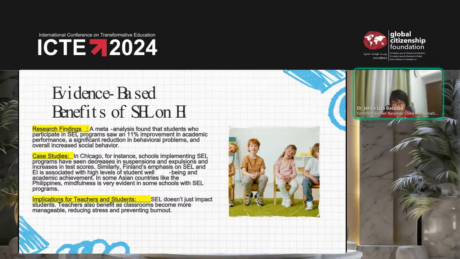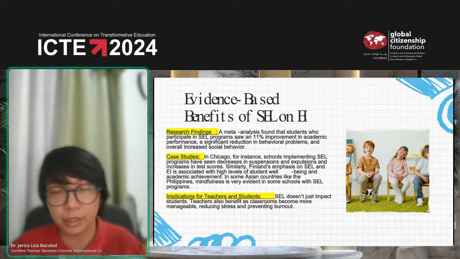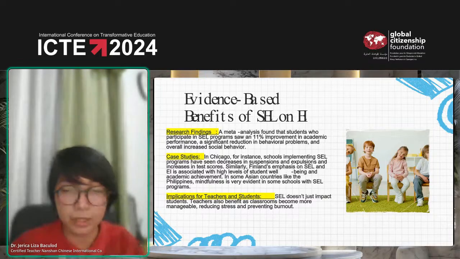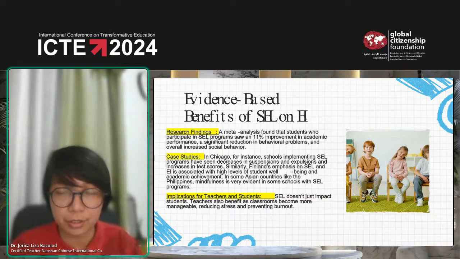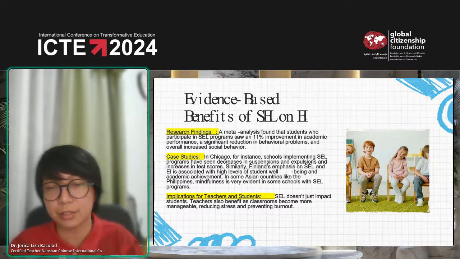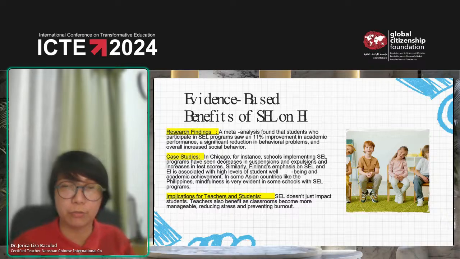Similarly, Finland's emphasis on SEL and EI is associated with high levels of student well-being and academic achievement. In some Asian countries like the Philippines, mindfulness is very evident in some schools with SEL programs.